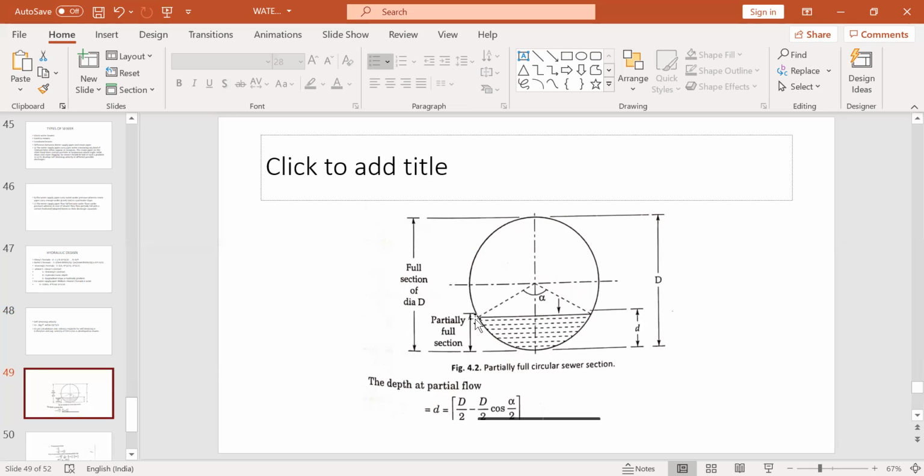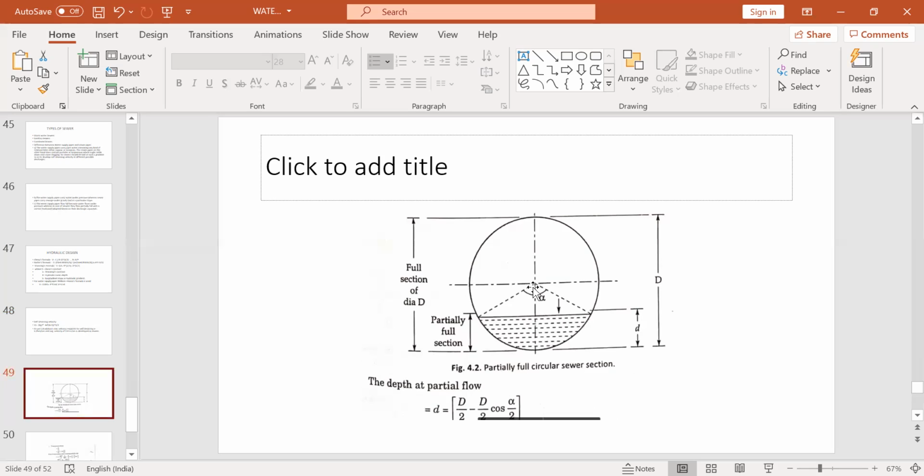Now let us assume that this line subtends an angle alpha at the center of the sewer. Now the depth at the partial flow. If you want to calculate this depth d, how will you find it? This depth will be equal to the depth from the bottom to the center, minus the height of this triangle. What is this depth?